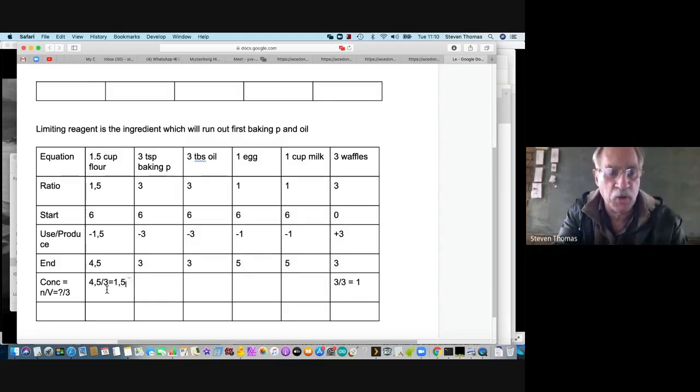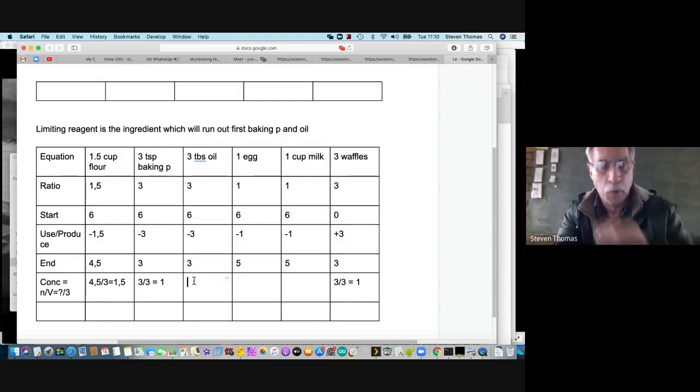So each person will be left over and they can go home with 1.5 cups. 3 divided by 3 equals 1 teaspoon of baking powder left for each person. 3 tablespoons of oil divided by 3 equals 1 tablespoon of oil left per person.